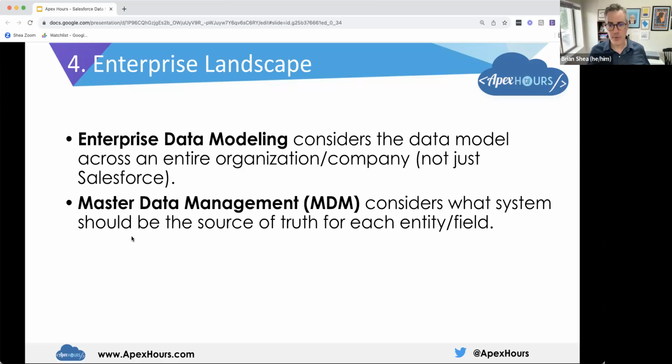So in terms of enterprise landscape, obviously in the modern enterprise, Salesforce is one of many important applications. When we're building our Salesforce object model, we want to be aware of other systems that may be storing similar information. One concept to call out here is enterprise data modeling.